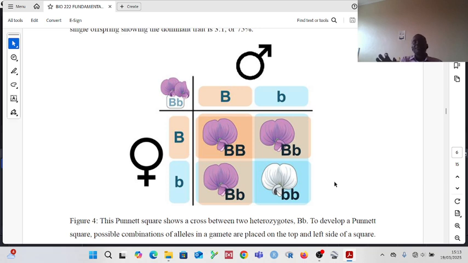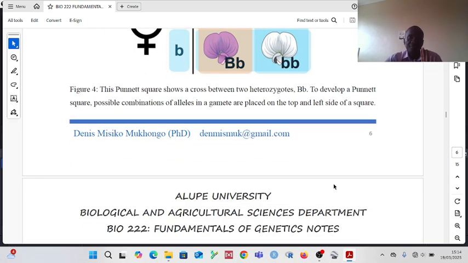So in terms of phenotype, you cannot differentiate between a homozygous dominant and a heterozygote. But now when you go to the genotypes, that is where you differentiate. Because you will have homozygous dominant, you will have heterozygotes, and you will have homozygous recessive. Okay? I hope that is properly understood.